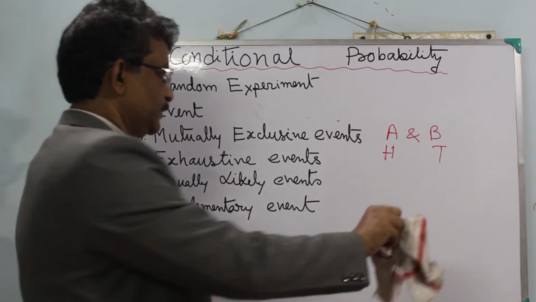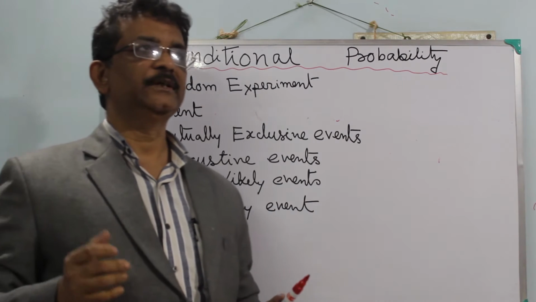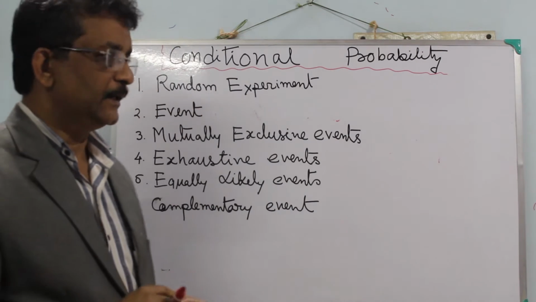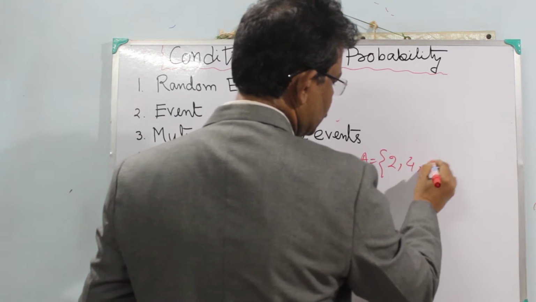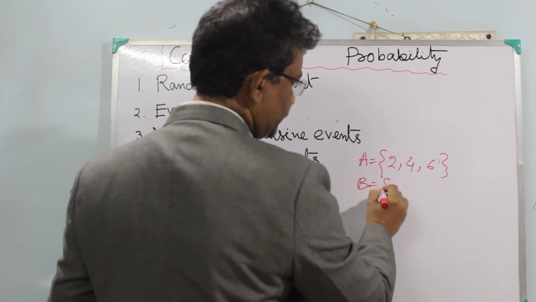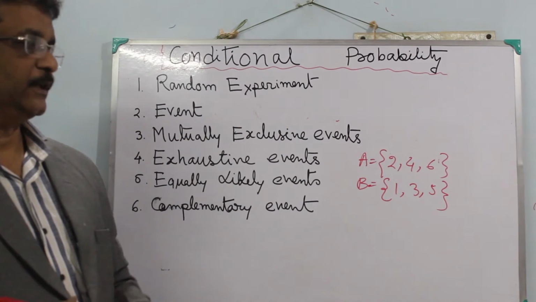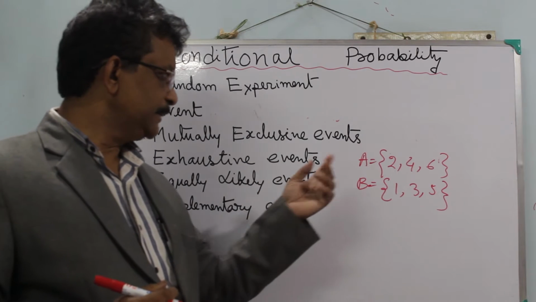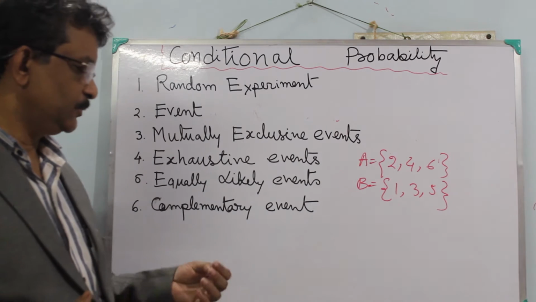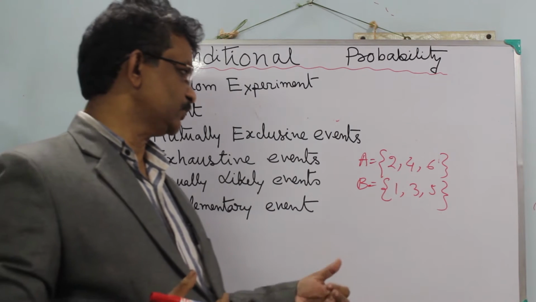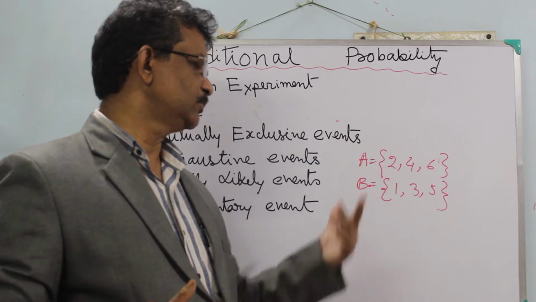And exhaustive events. What are exhaustive events? Suppose in throwing a dice, A is the event of getting an even number 2, 4, 6, and B is the event of getting an odd number 1, 3, 5. Either A or B must come; either it will be even or it will be odd.